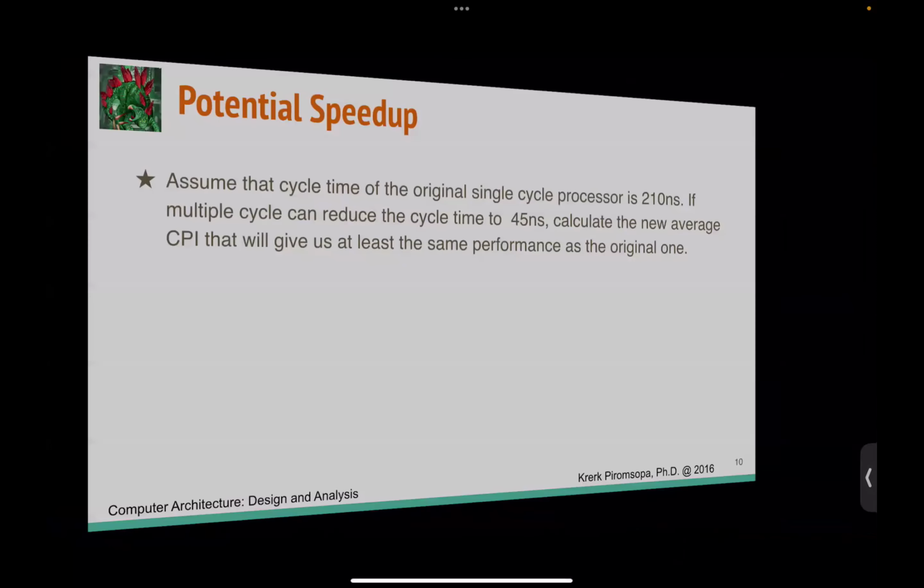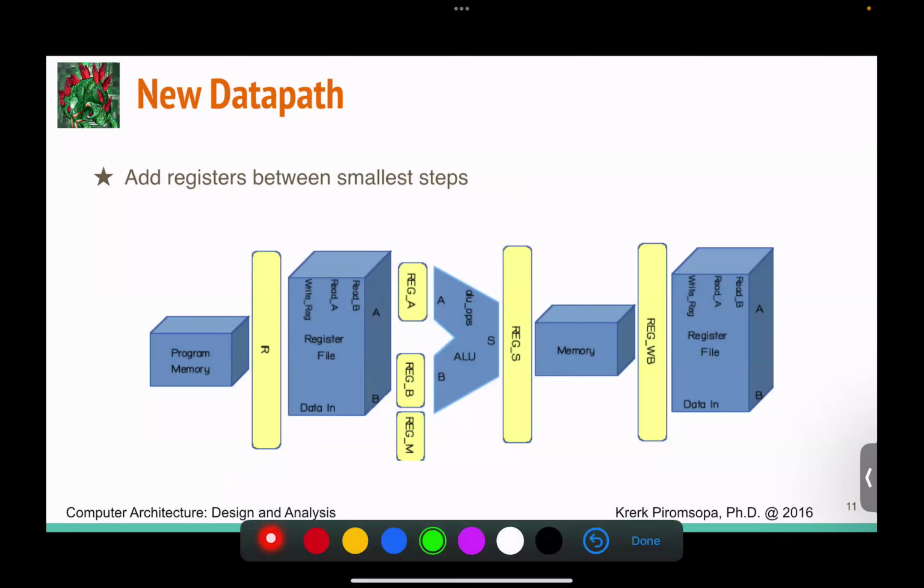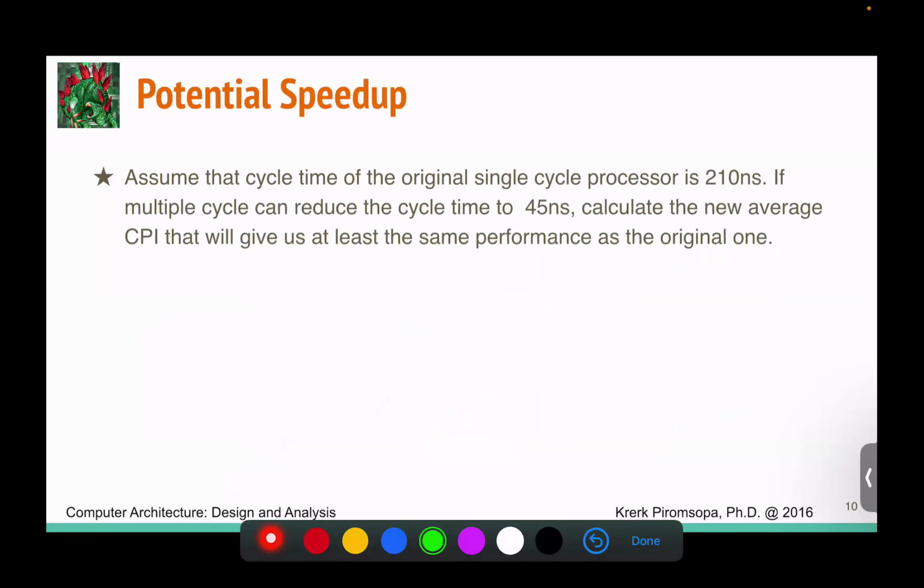So if you draw the data path, it can be complex like this anyway. The simplified version. Okay. But let's see if we change from a single long cycle to multiple small cycles.